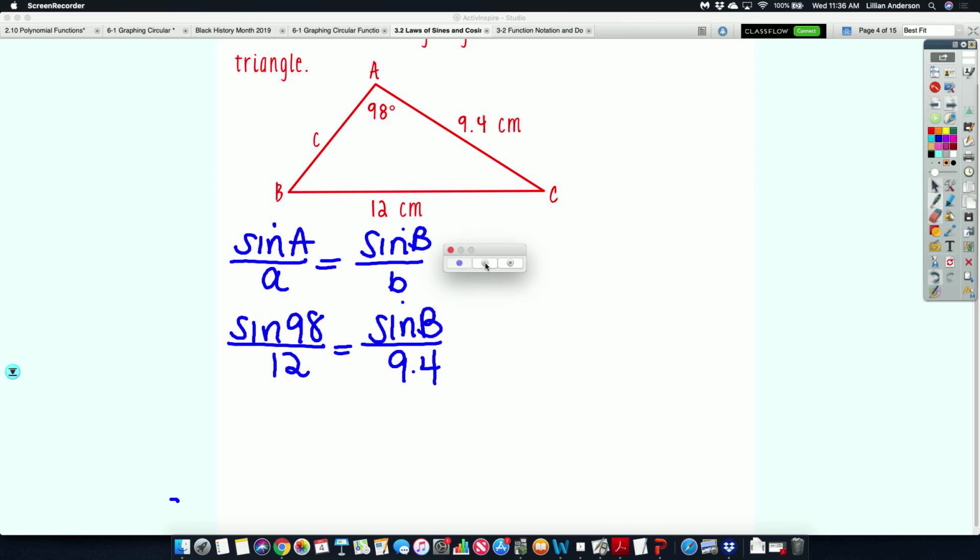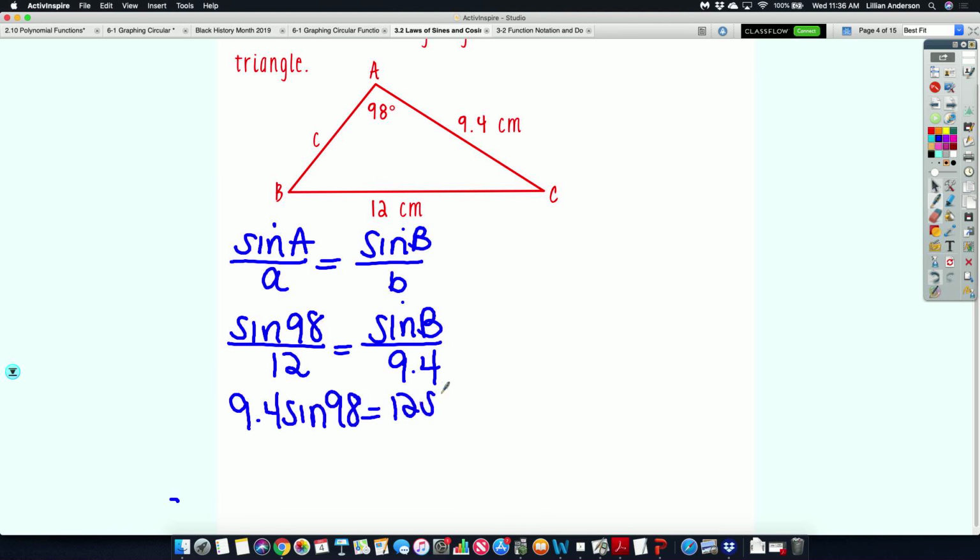How do I solve this? We cross multiply. 9.4 sine 98 equals 12 sine of angle B. To solve for angle B, we're going to divide both sides by 12. So I will have the sine of angle B equals that entire fraction.